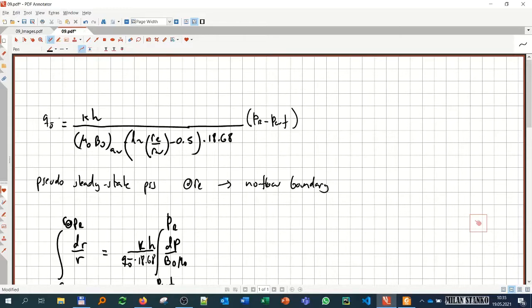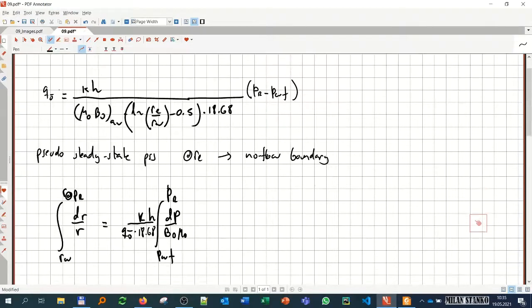This could be for many reasons. For example, I have a fault, a seal, or some structural feature that causes no flow. But it could also be simply because there is interference between wells, between producers.